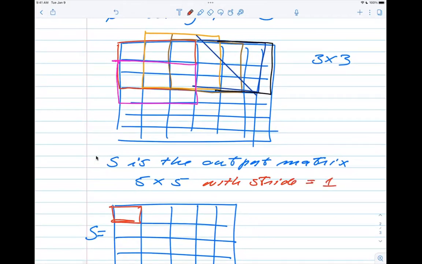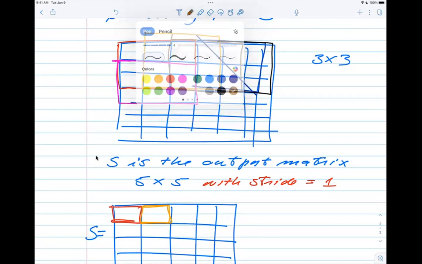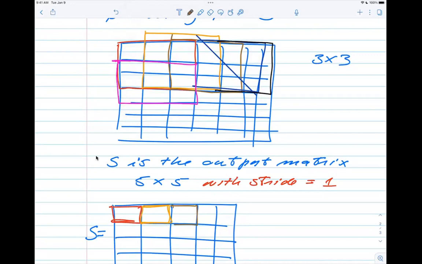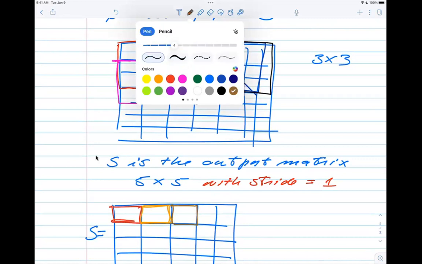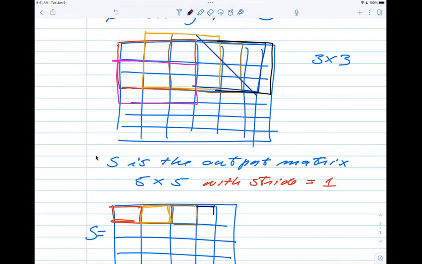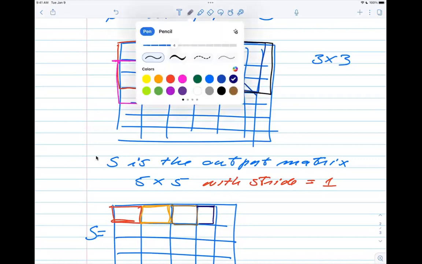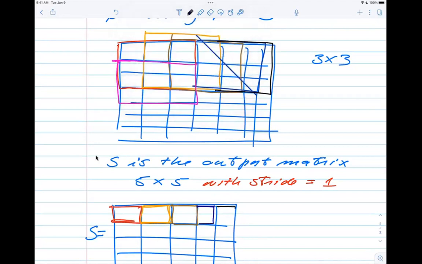So the next block is the orange block which we put up. So this is the effect of the convolution with the filter and the input matrix. And then the next block, if I can see my colors correctly, should be the brown block, like this. And then we had a dark blue block, which is this one. And finally, we had a totally dark block, which is this one. And then we continued with the pink block here.